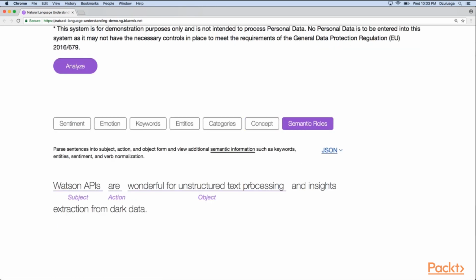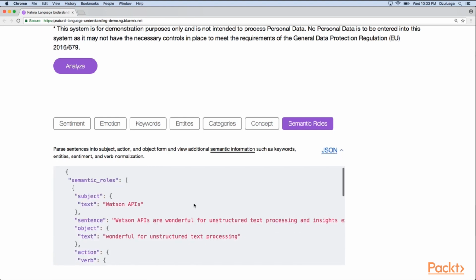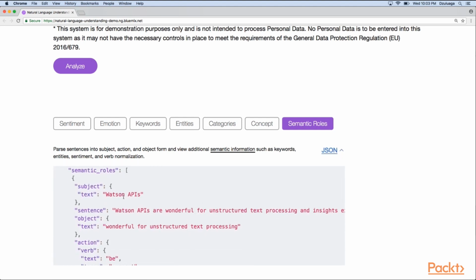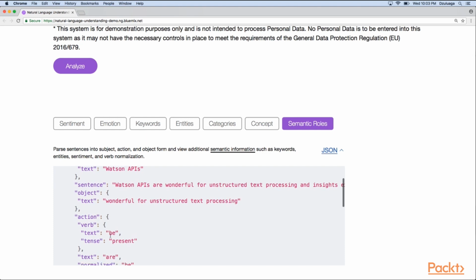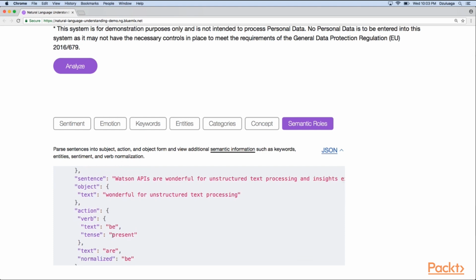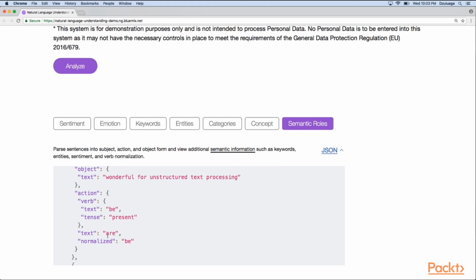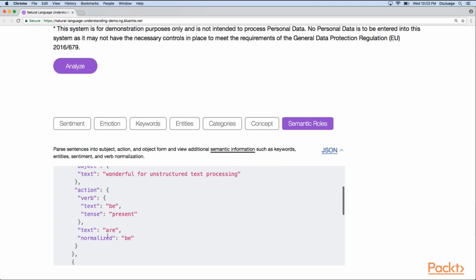This is one sample, but if you look at the JSON part, you will see that we have the subject, the complete sentence that we are looking at, and the action with the verb in infinitive in the present tense, but also the normalized version of "are".